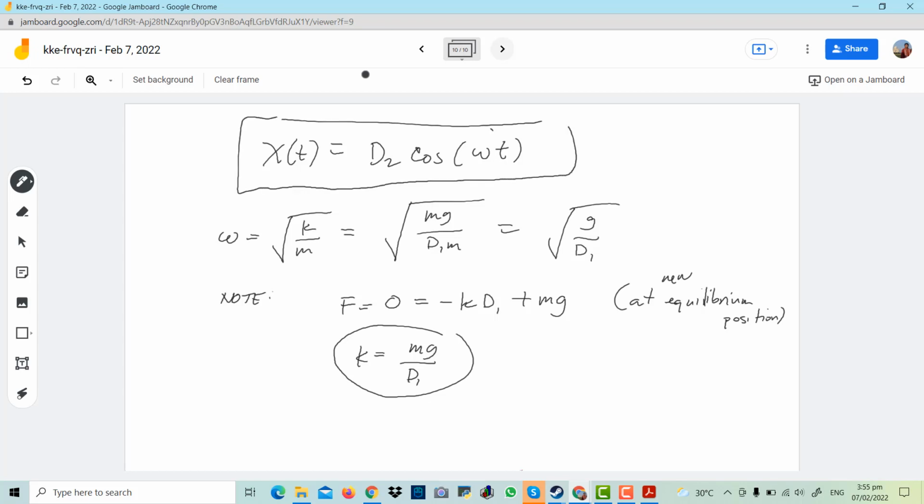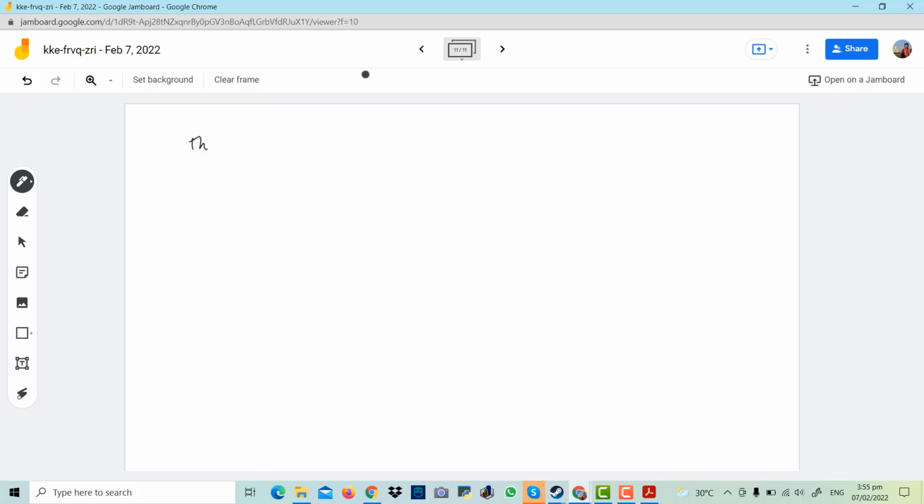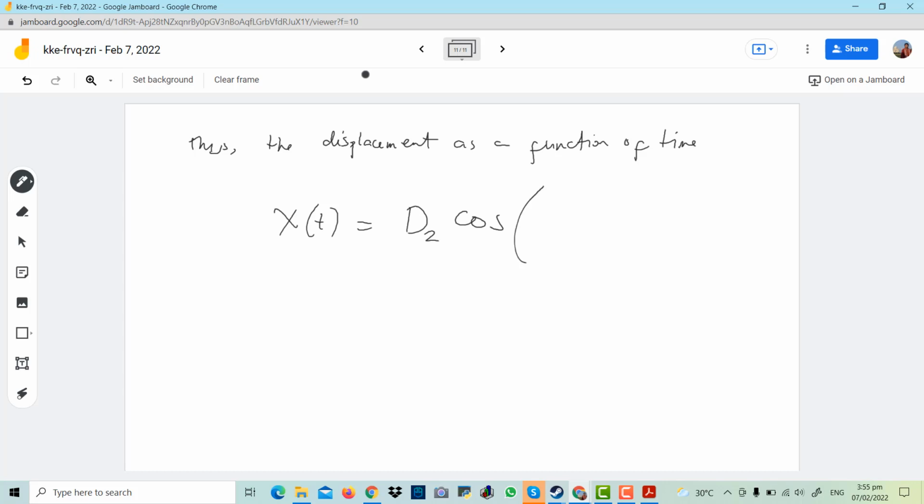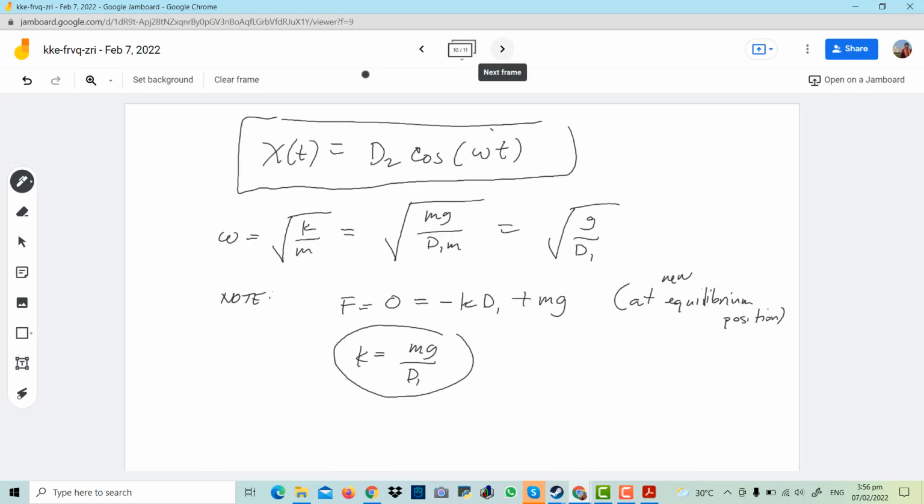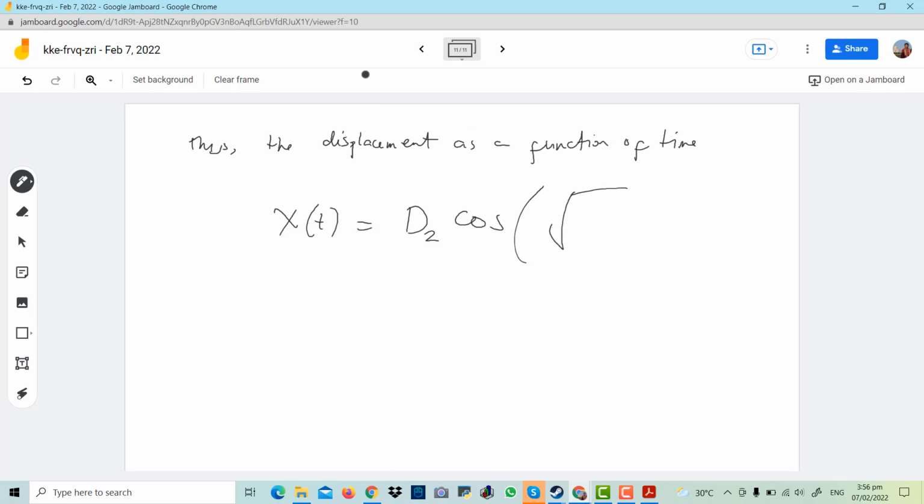The displacement as a function of time is equal to x of t equals the amplitude d2 cosine of omega t, where omega is the square root of g over d1, times some time t.